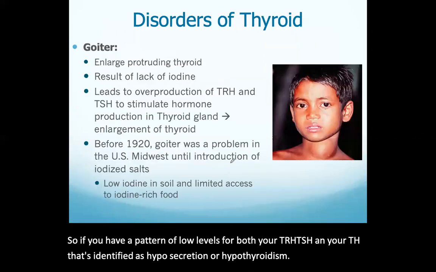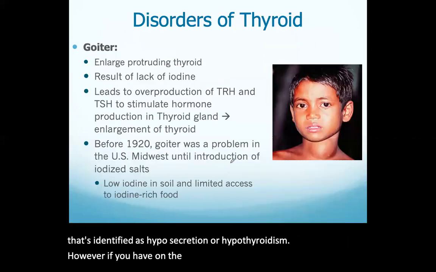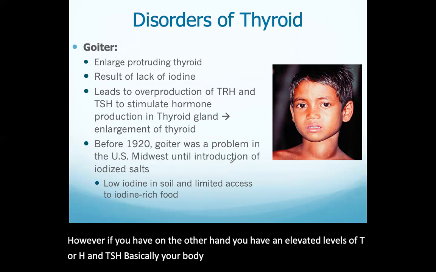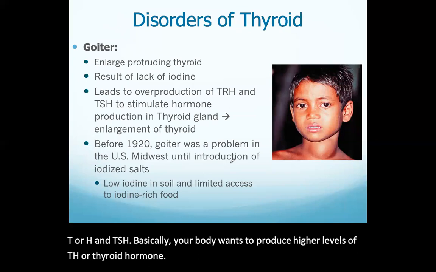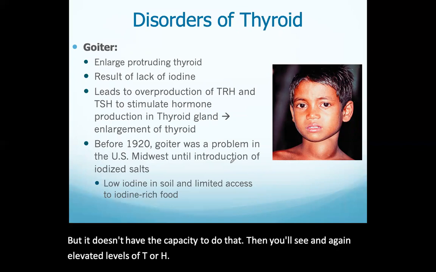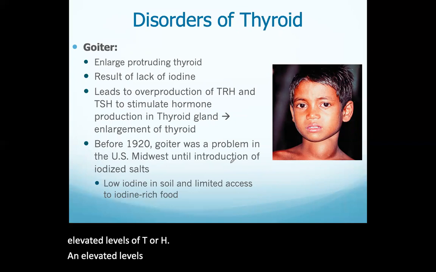However, on the other hand, if you have elevated levels of TRH and TSH, basically your body wants to produce higher levels of TH, or thyroid hormone, but it doesn't have the capacity to do that, then you'll see elevated levels of TRH and elevated levels of TSH, but low levels of TH.